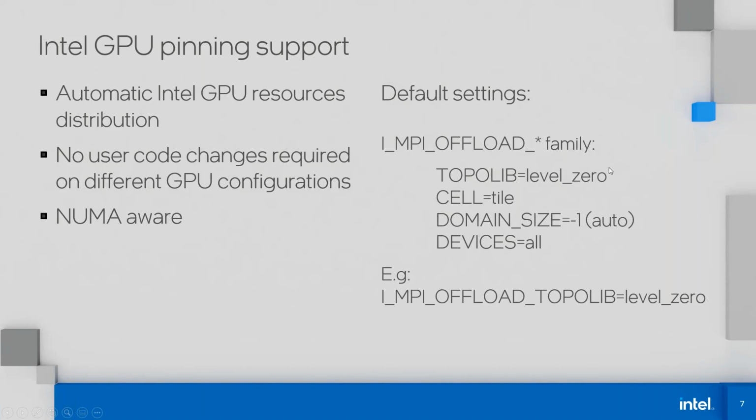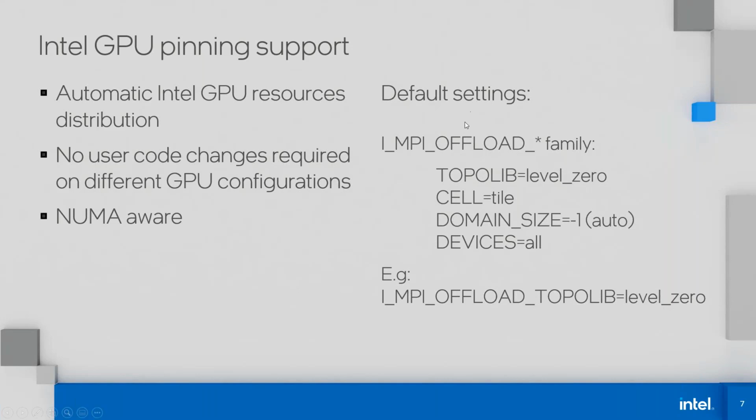And we use the Level Zero library inside MPI to distribute resources between ranks. The feature is disabled by default. To enable it, you need to set the I_MPI_OFFLOAD_TOPOLIB variable equal to level_zero. And there is a set of variables to control pinning behavior.